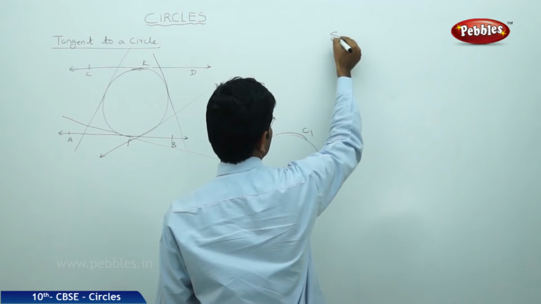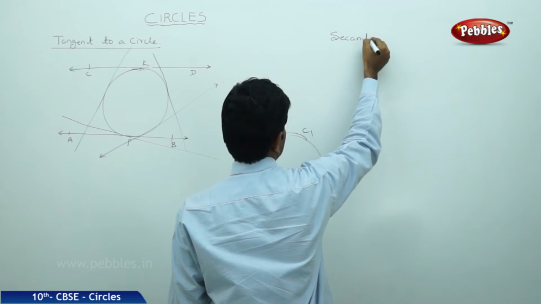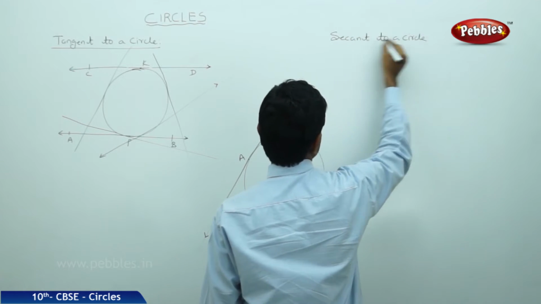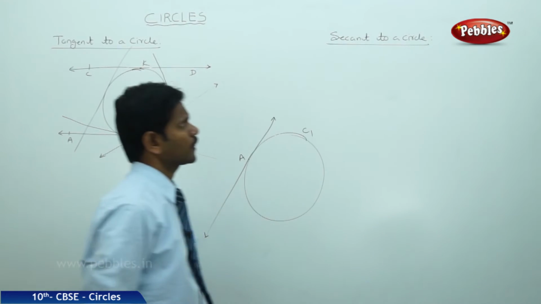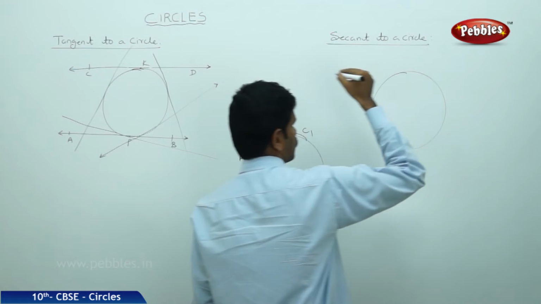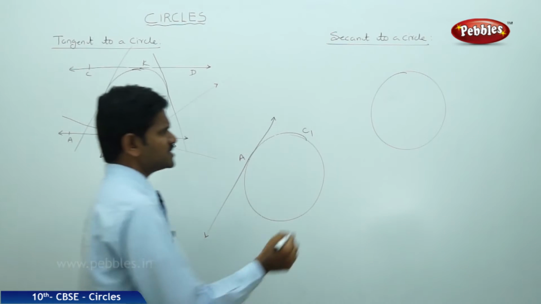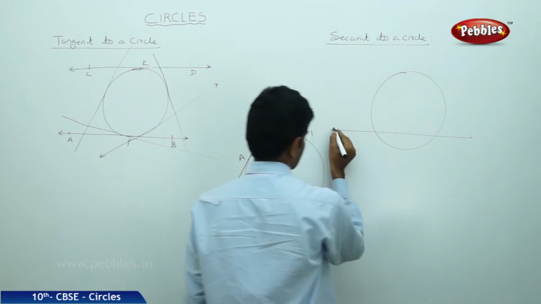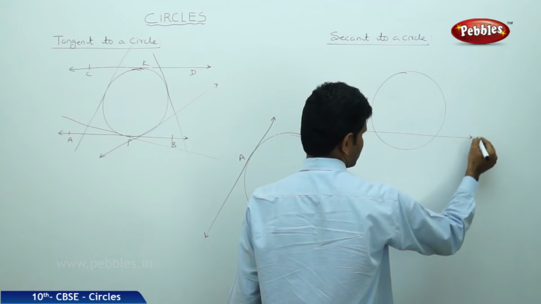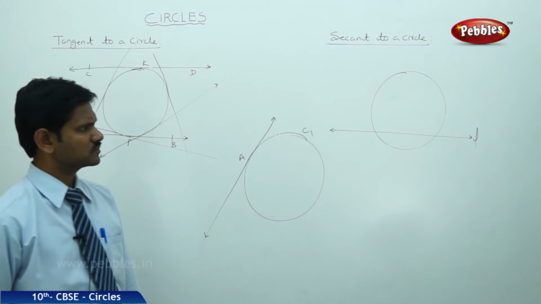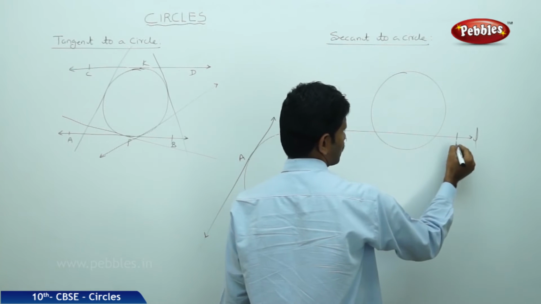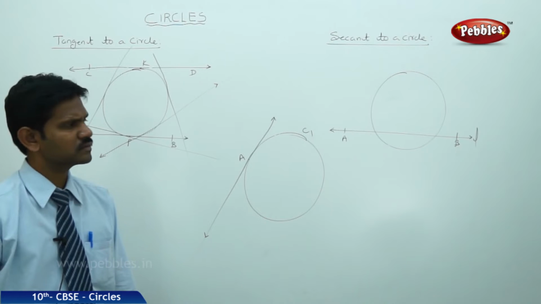Next, secant to a circle. Now, this is a line L, and on that line mark the points A and B. AB is the line segment.